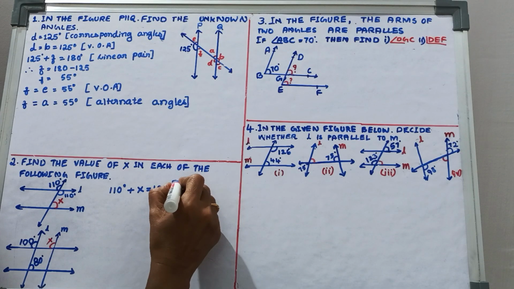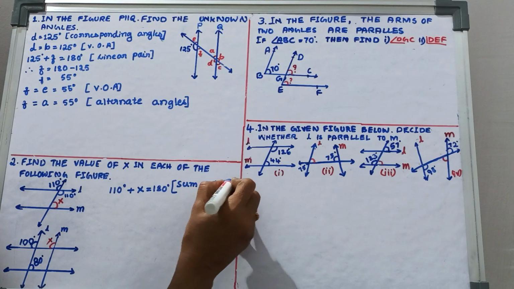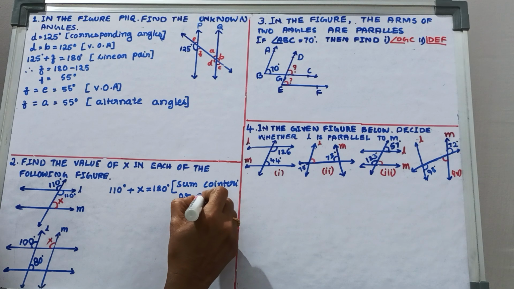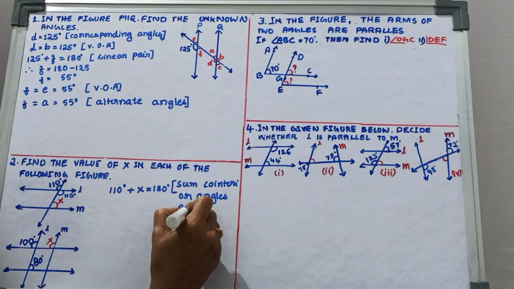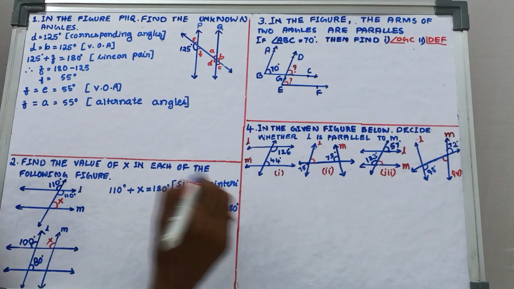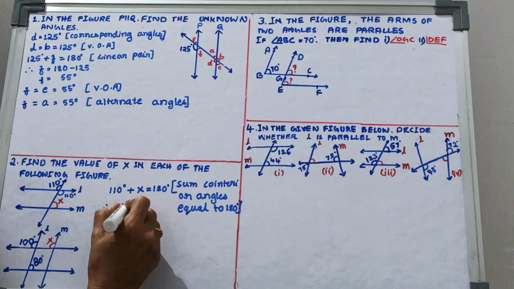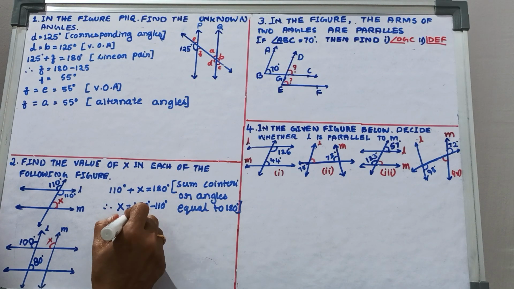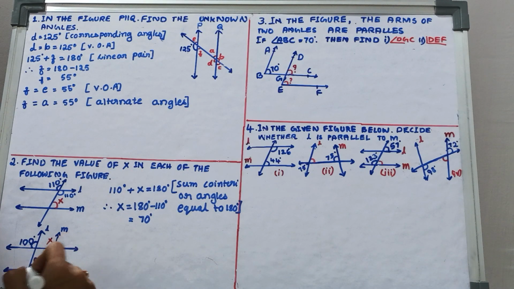So sum of the co-interior angles should be 180 degree. Therefore, x equals 180 minus 110, 70 degree.